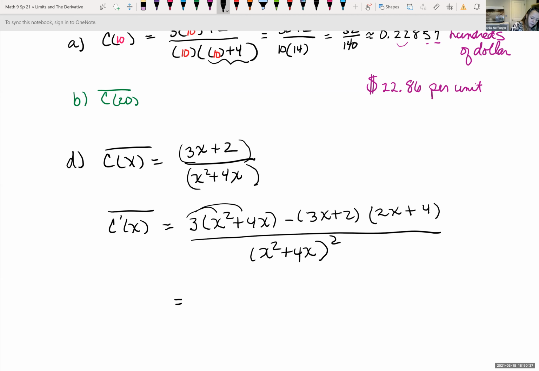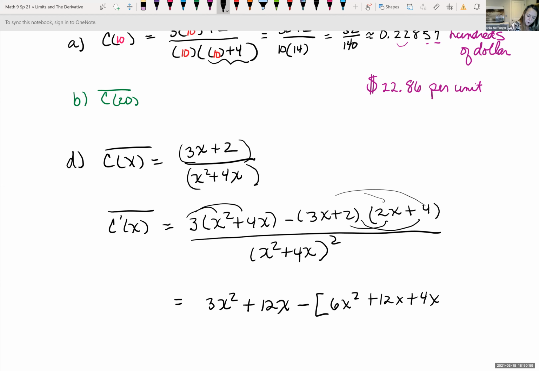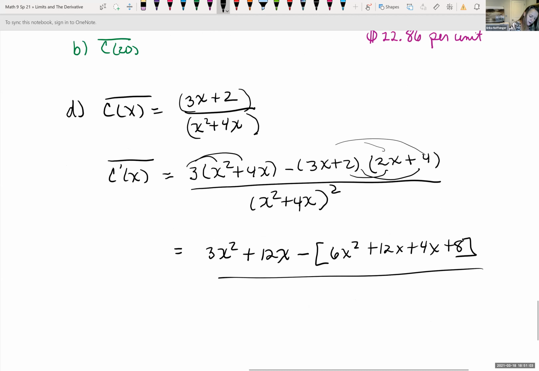So I'm just going to distribute and combine like terms. Distributing my 3 to the first parentheses, I get 3x squared plus 12x minus, and if I FOIL this out, 3x times 2x is 6x squared. I have a 3x times a 4, so that's plus 12x. A 2 times the 2x is plus 4x, and a 2 times 4, so plus 8. All over this denominator squared.